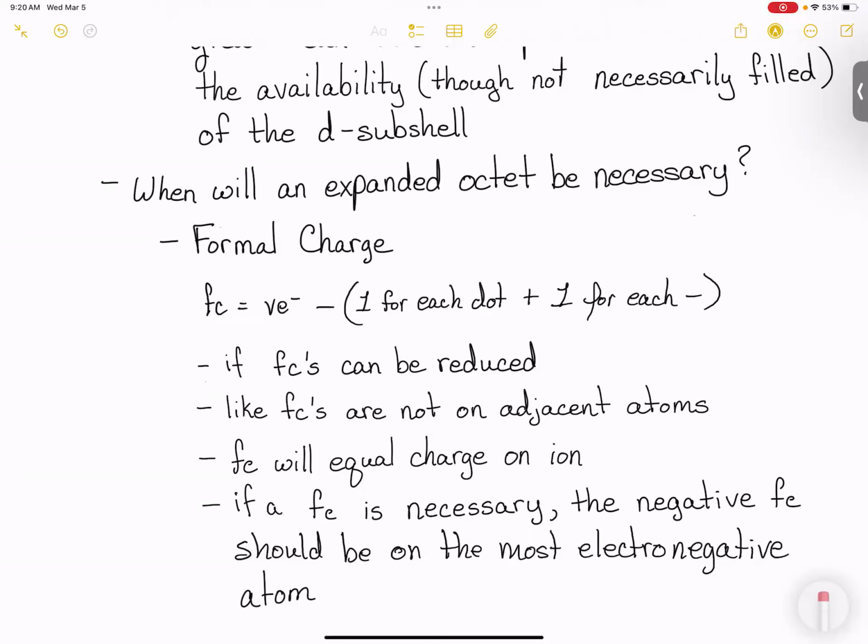The most electronegative atom on the periodic table is fluorine. The least electronegative atom on the periodic table is francium. So the closer the atom is to fluorine, the more likely it is to have a negative formal charge.